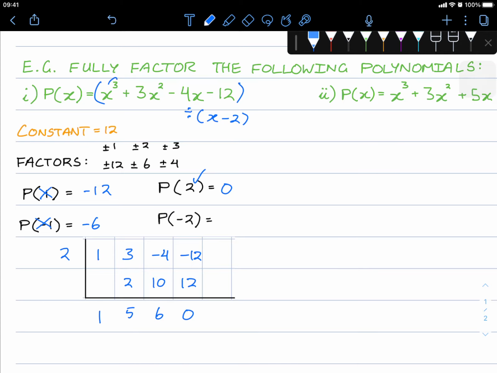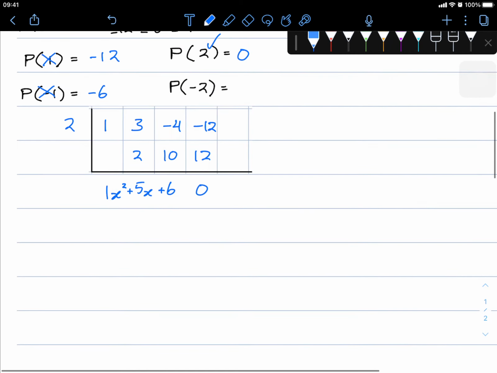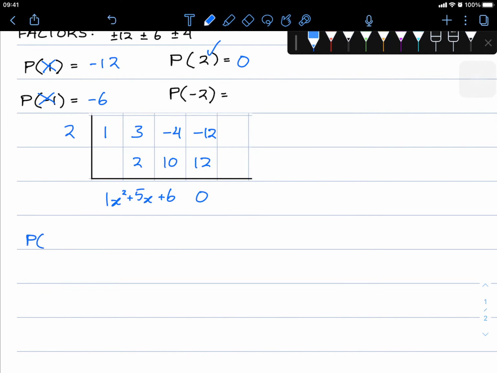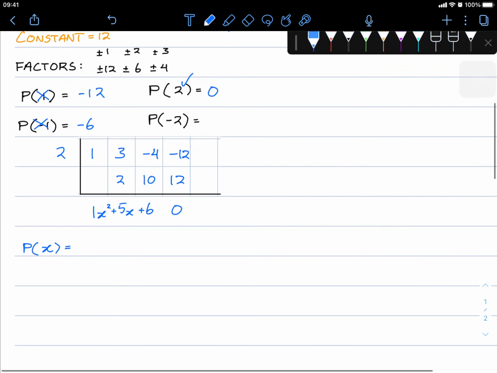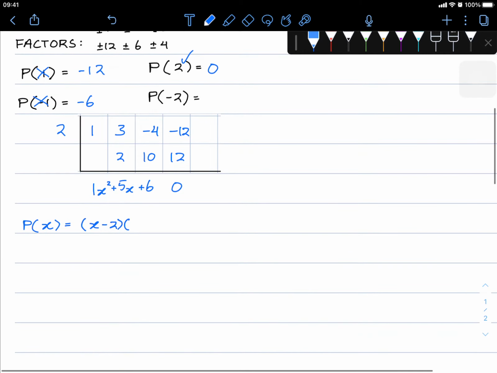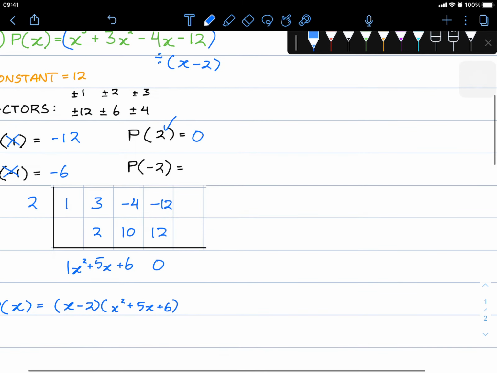Now remember, because the power is 3, our quotient is always going to be 1 power less, with a remainder of 0. So that means p of x, our original dividend, can be written as our factor times our quotient, x squared plus 5x plus 6.